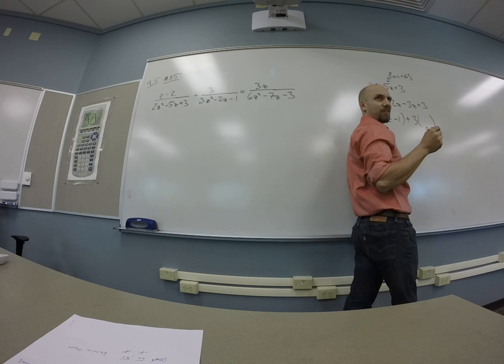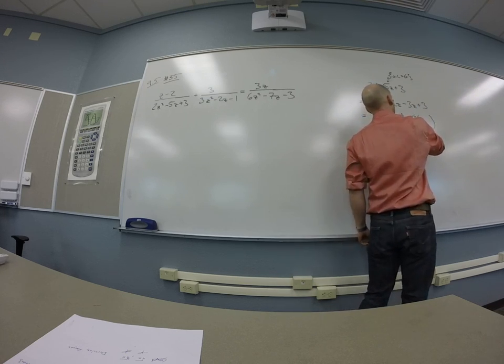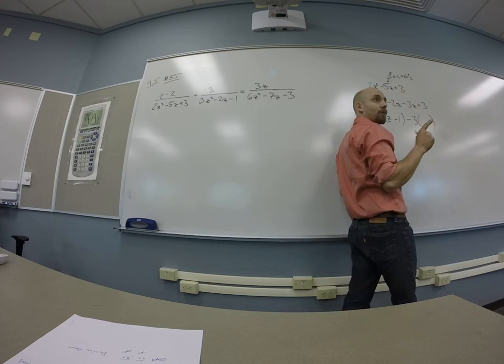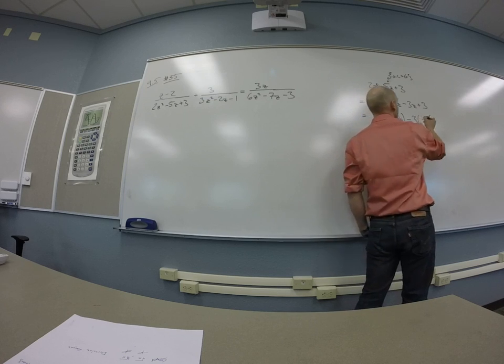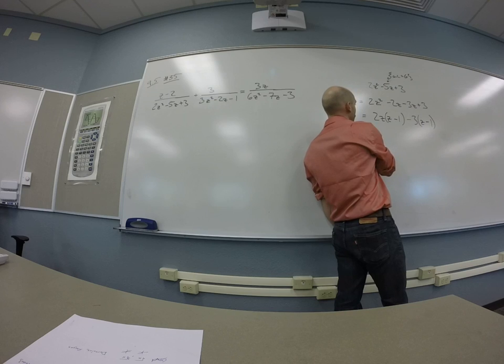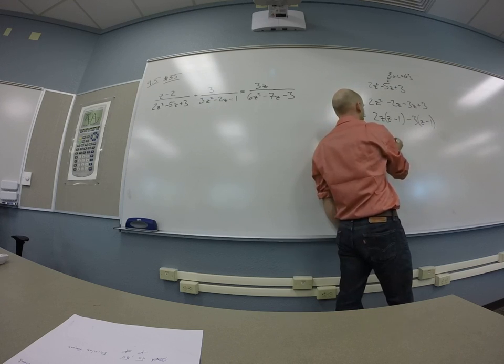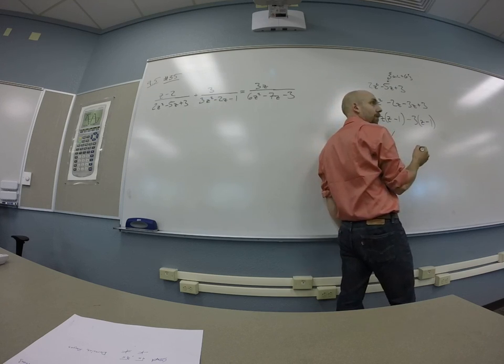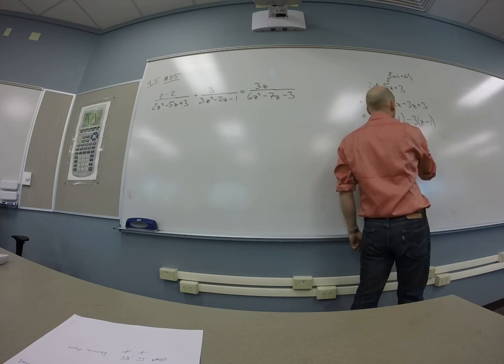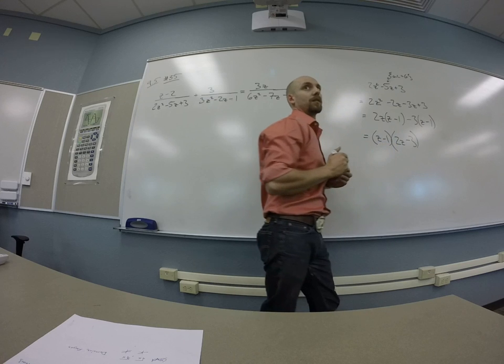Negative z plus 1? Yeah, you should factor out a negative. I want to factor a negative 3 out. Then I'm left with z minus 1. Now I can factor a z minus 1 out. What am I left with? 2z minus 3. Cool.